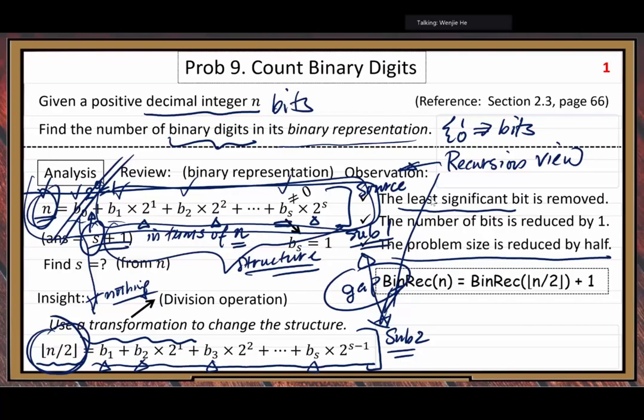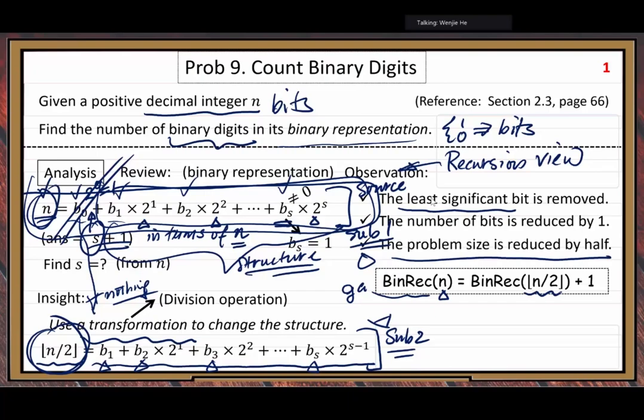Then the recursive formula, if we use a function, binary recursion, just an appropriate name, with parameter n, the original problem size n, it relies on the solution of the half size subproblem, floor function of n over 2.